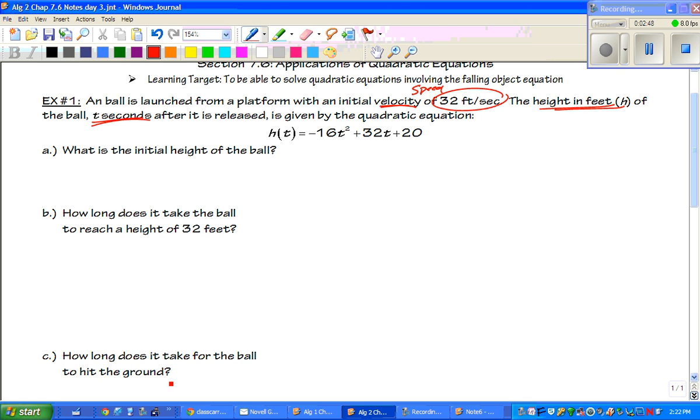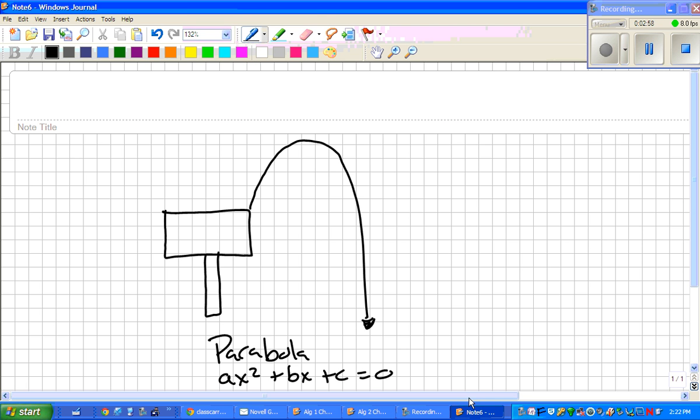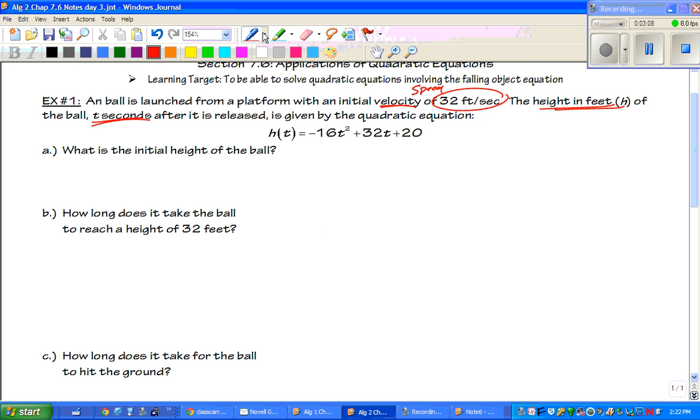Let's look at the first one. What is the initial height of the ball? Do we know how high that is? No. So we don't know the height, and that's key right here.